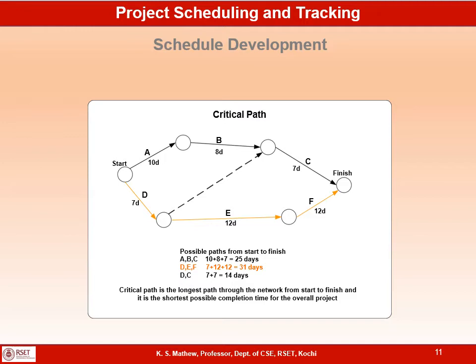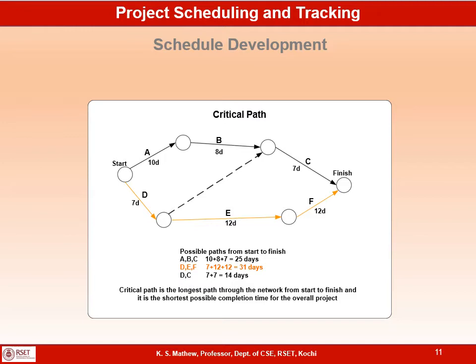One parallel path is A, B, C, the second parallel path is D, E, F, and there is a third parallel path D and C. So let us calculate the duration of these parallel paths. A, B, C is 10 plus 8 plus 7, 25 days. D, E, F is 7 plus 12 plus 12, 31 days, and D, C is 7 plus 7, 14 days.